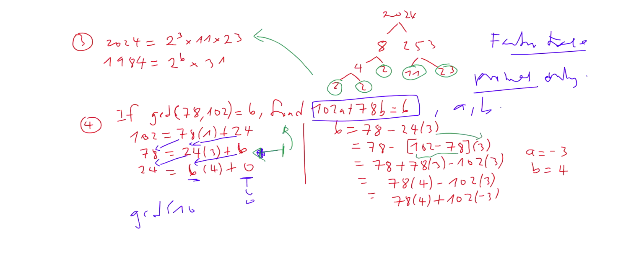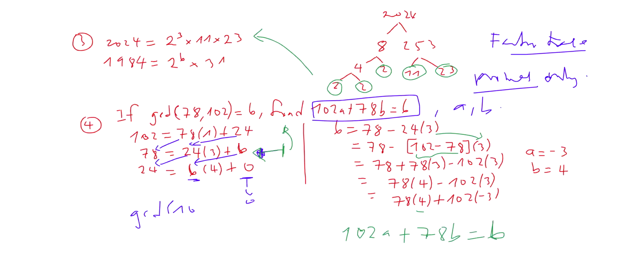If we do this, we have 78 times 4 plus 102 times minus 3. And this gives us what we are looking for. 102 times A plus 78 times B should give us 6. So we're able to now determine this A and B in such a manner.